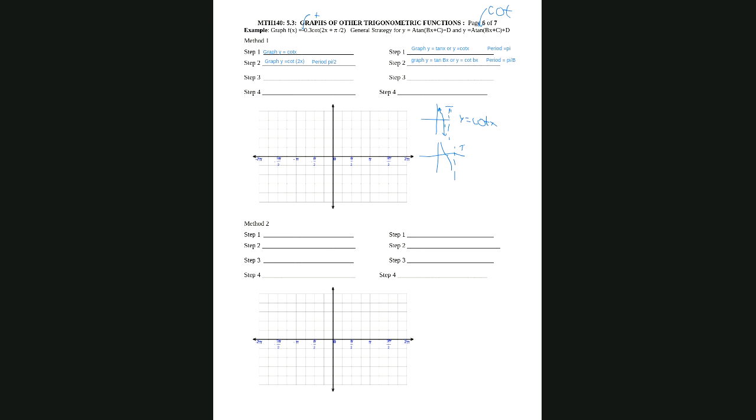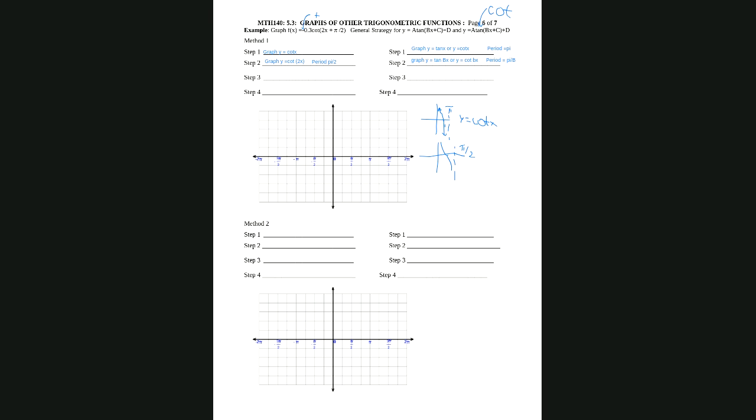I have a question. Sure, go right ahead. I don't know if I missed something, but wasn't the period 2 pi over b last time? Okay, so when you are graphing sine, cosine, secant, or cosecant, the period's 2 pi over b.